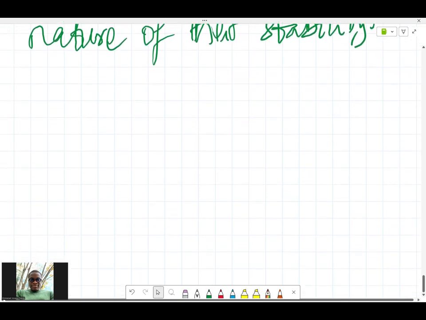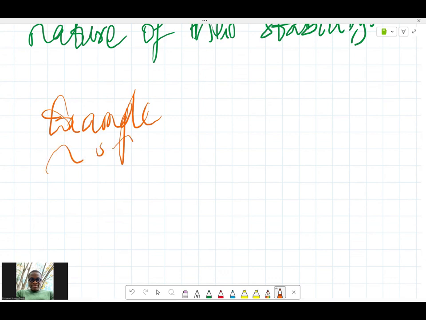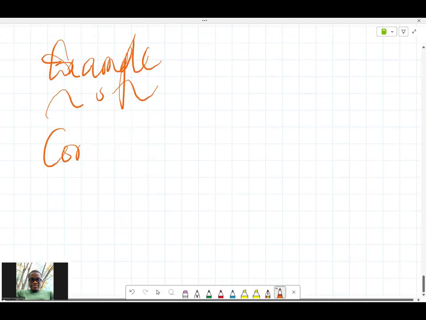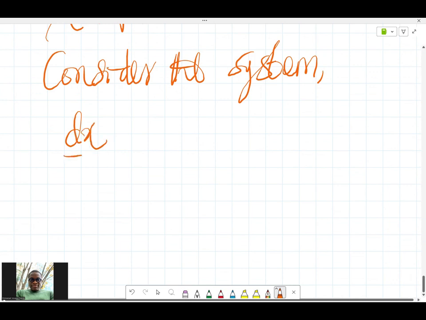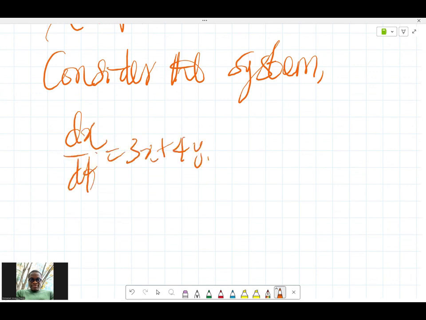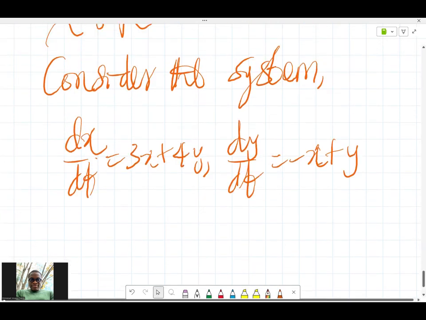Okay, so let's look at an example now. The same system we talked about before. Consider the system dx/dt equals 3x plus 4y, and dy/dt equals minus x plus y, the same system we had talked about previously.